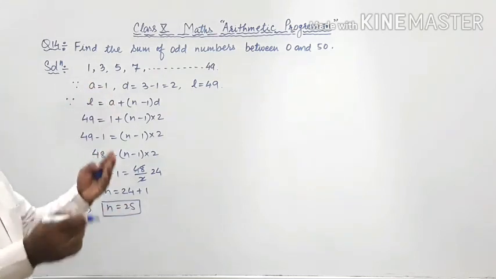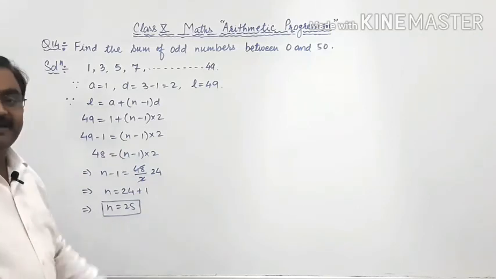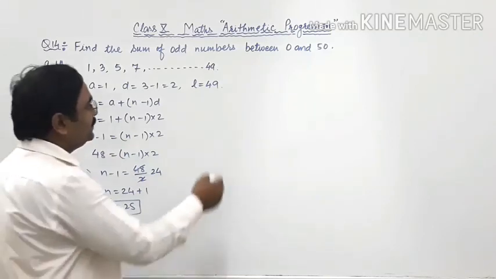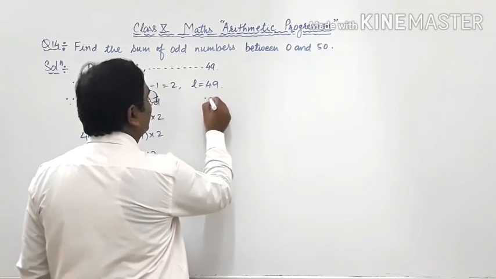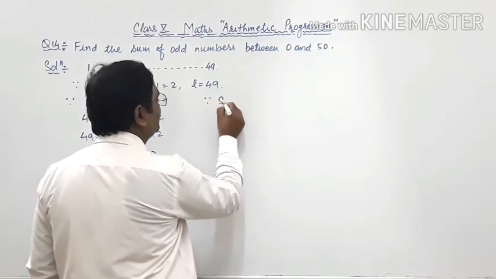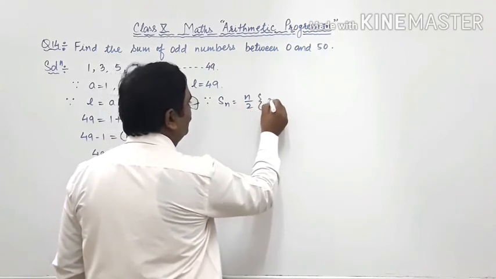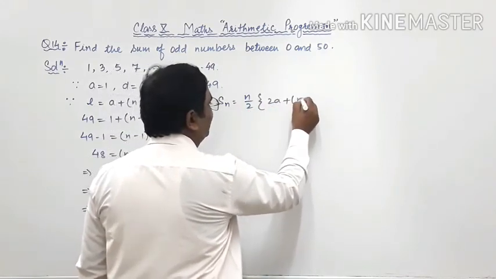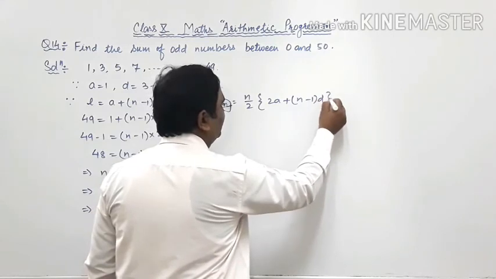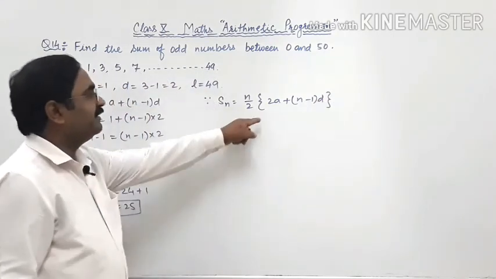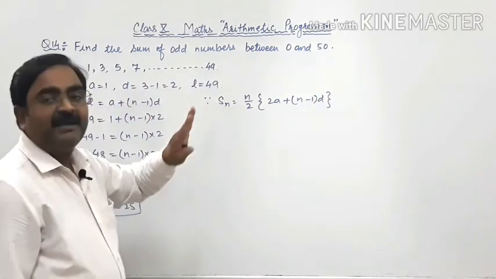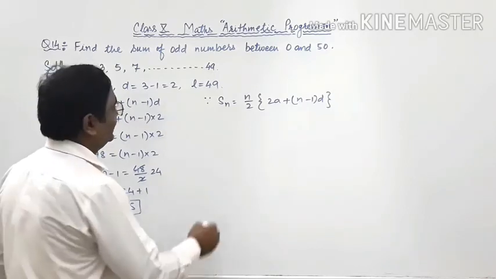So the number of terms in this arithmetic progression is 25. So we can easily find the sum of these 25 terms. Since we know that Sn is equal to n upon 2 into twice A plus n minus 1 into D. Now we have everything to find the value of S25.